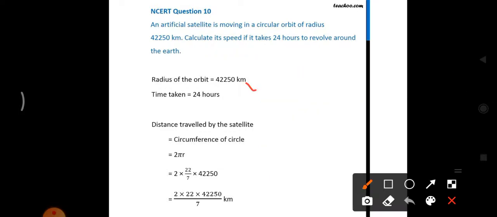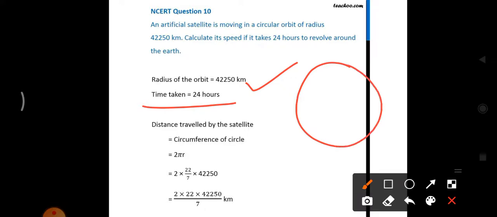So radius of the orbit is 42,250 kilometer. The time taken equal to 24 hours. The distance travelled by the satellite, this is a circular track. So circumference of circle is 2 pi r. The value of pi is 22 by 7, the value of r is 42,250.